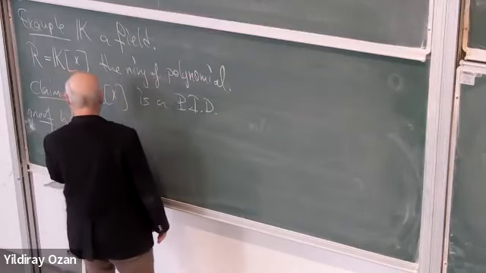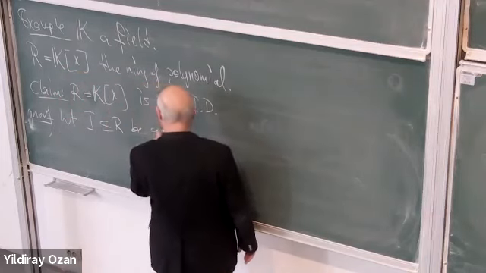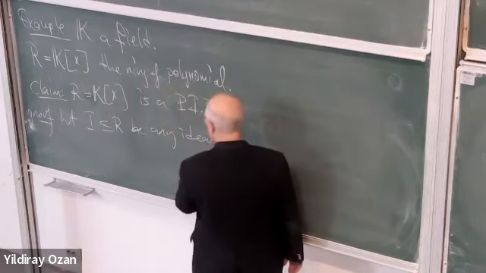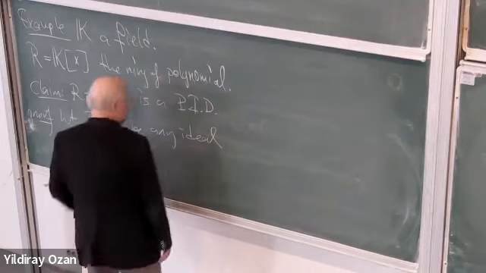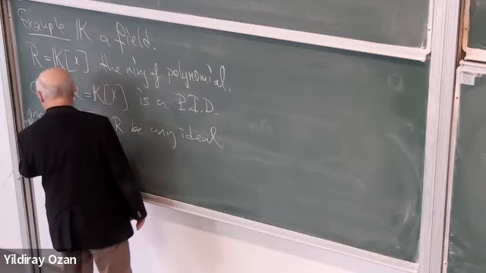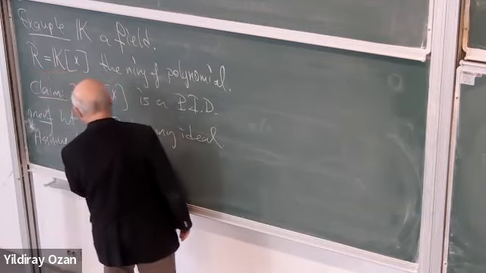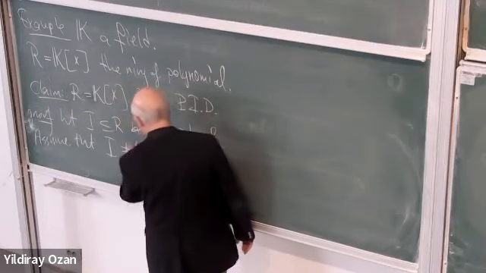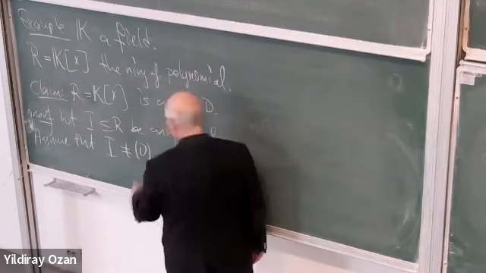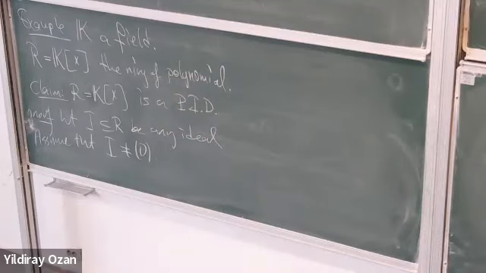So let I be an ideal of R. Now assume that I is not the zero ideal, so assume that it has elements other than zero.